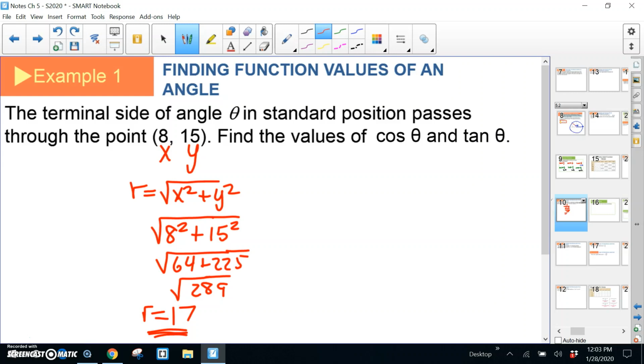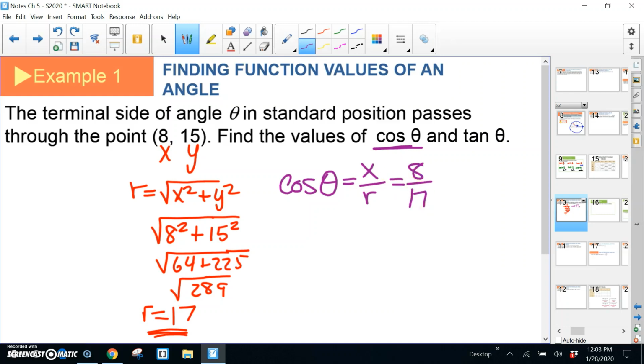And we have everything that we need to know because we're just looking at a ratio of 2 sides. Which specific ratio? Well, we use this one. Cosine theta is the ratio x over r. Those are the 2 sides that we want, the 2 sides of that triangle. So what's the x number? 8, and what's the r number? 17.